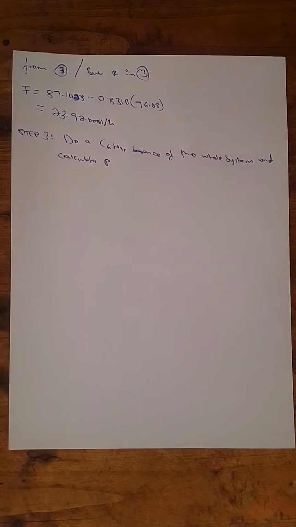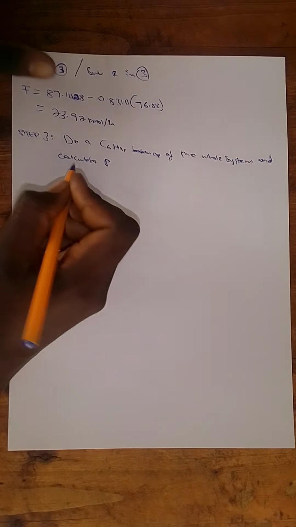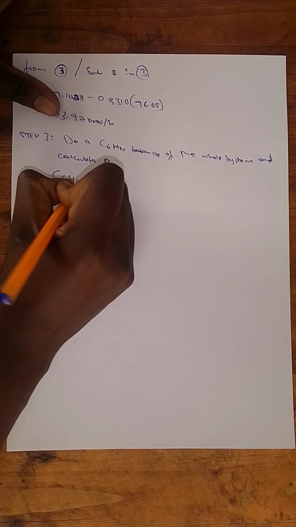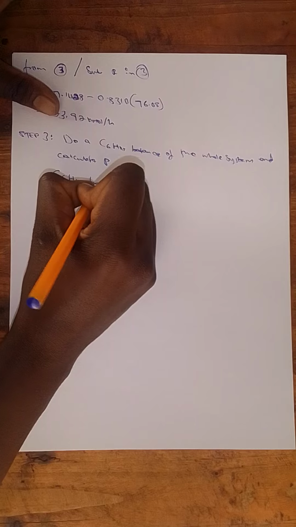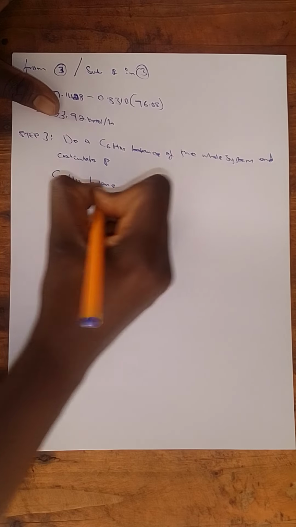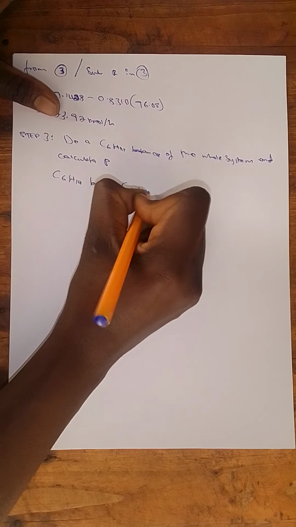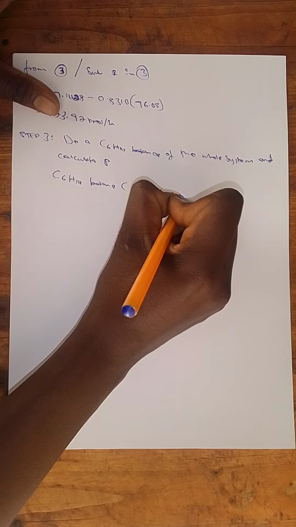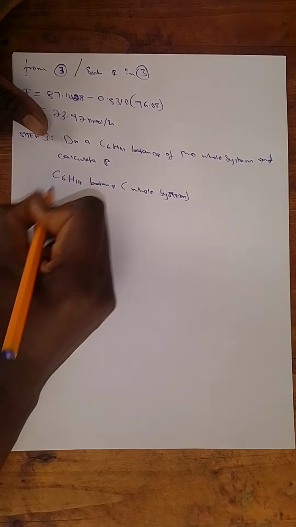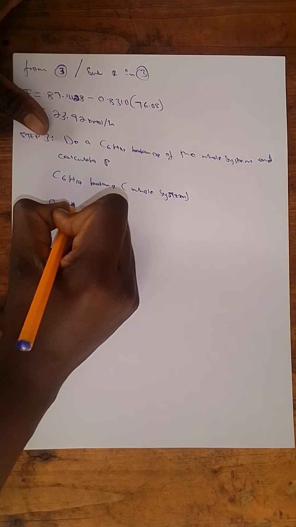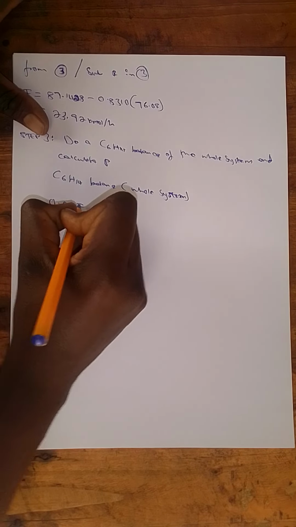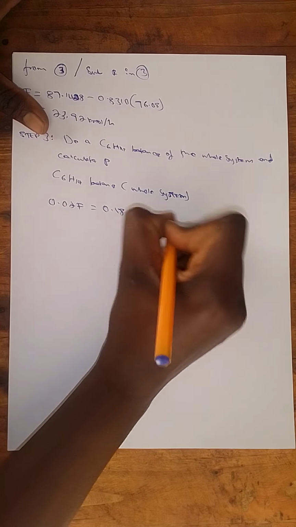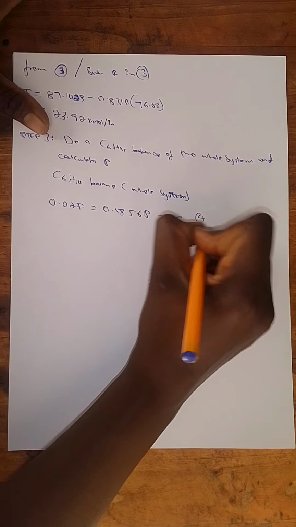So with that said, this takes us to our step 3. So we can just say C6H14 balance. Let me write in bracket, it's important. Whole system balance, right? We can just say 0.02 F is equals to 0.1856 P, and this becomes our fourth equation.